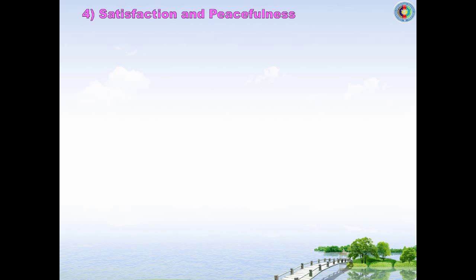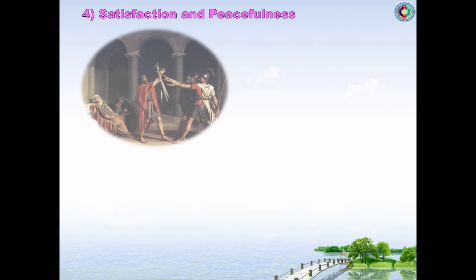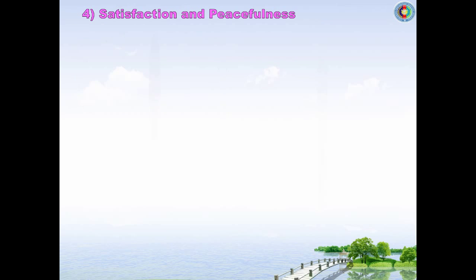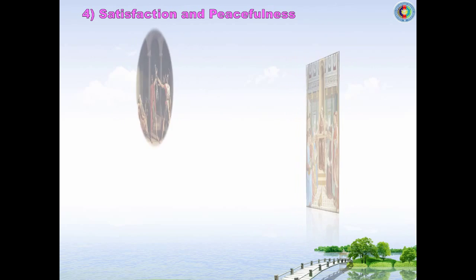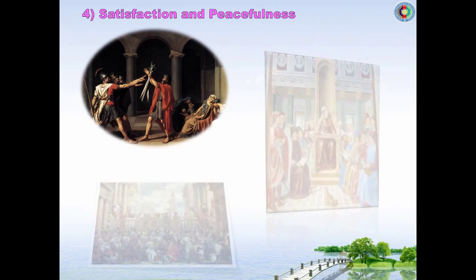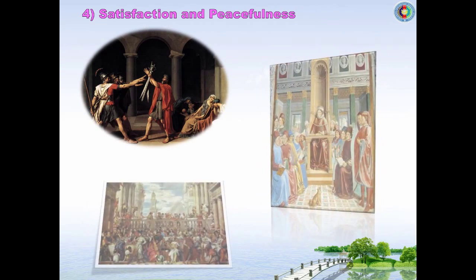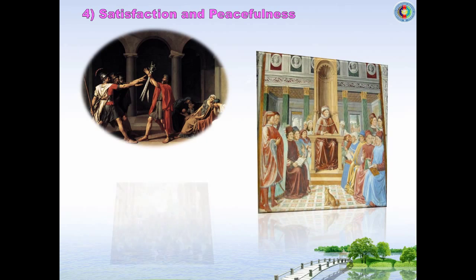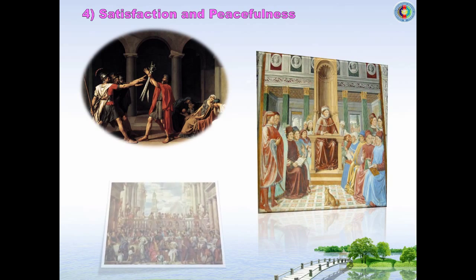Fourth, satisfaction and peacefulness. Level of satisfaction and peacefulness felt by the people and the king. The king appreciated the work done by his predecessor and tried to emulate it. The king instinctively felt any deviation from past practices and customs would incur wrath.